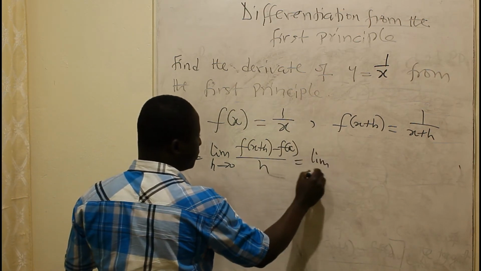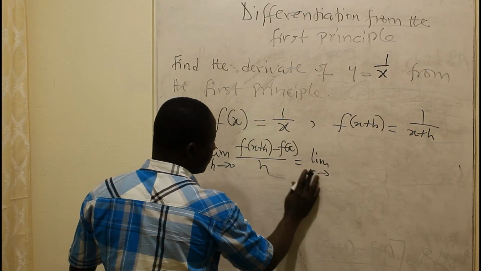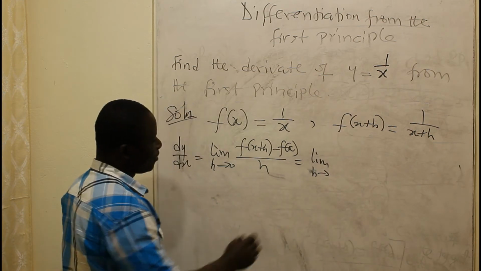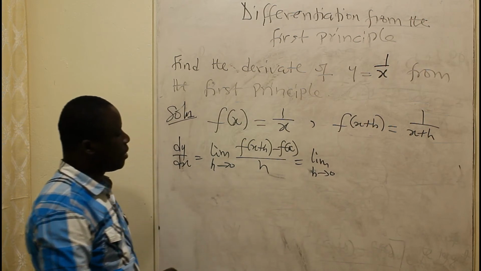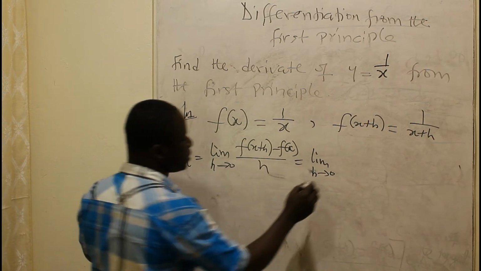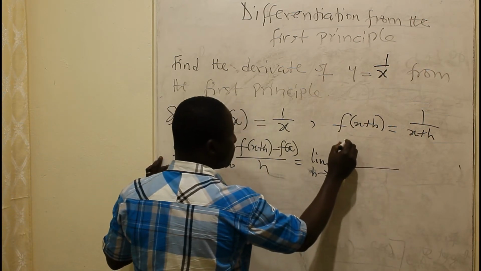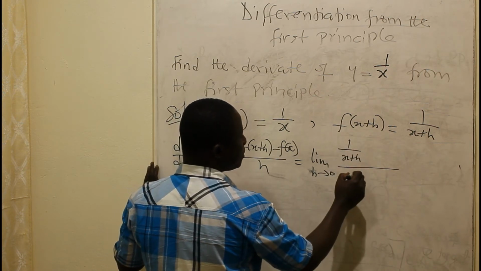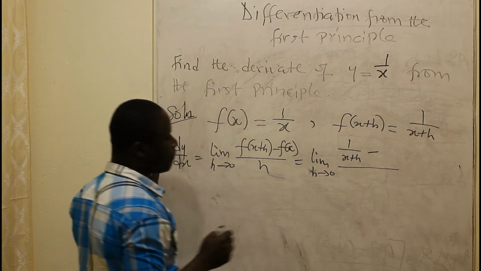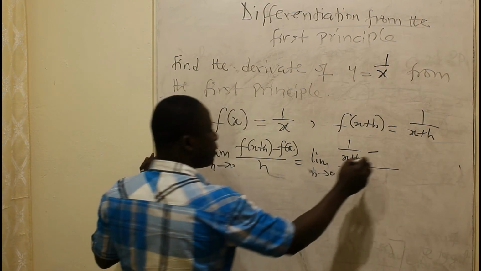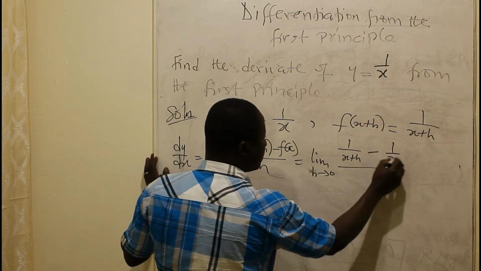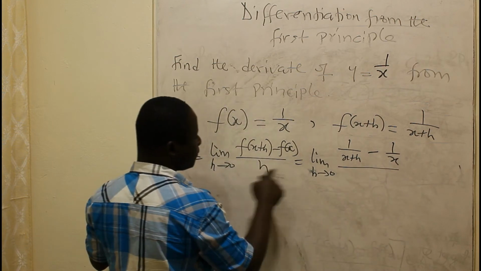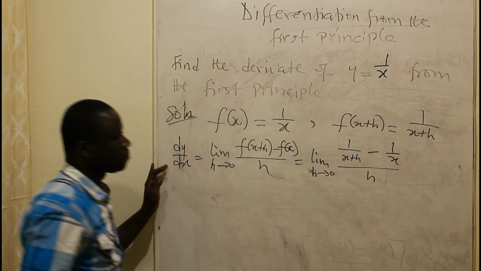From the question, we know our f of x plus h, which is 1 divided by x plus h, minus f of x, which is also 1 divided by x, all divided by h.